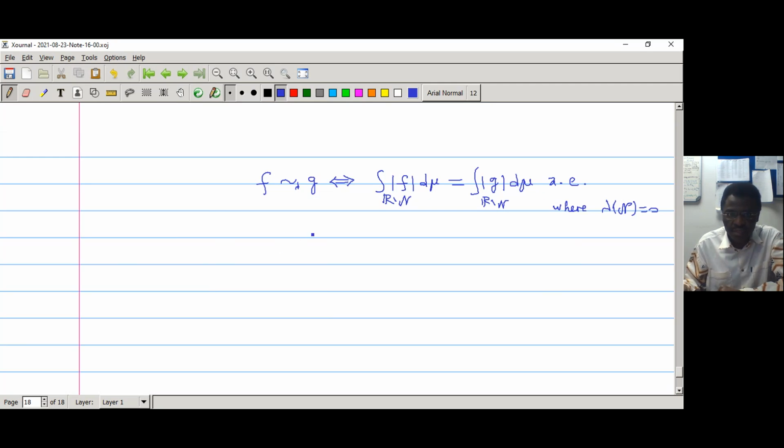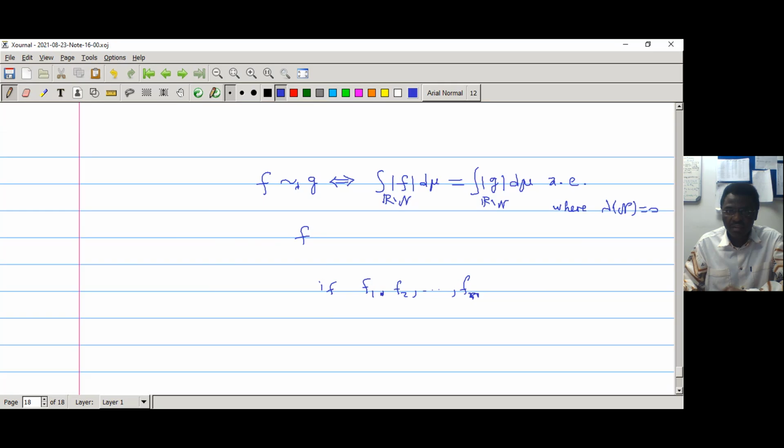Now, I don't need to use all these different f for which the integrals are equal. Among them, I just select one. That is, if I take f1, f2, maybe up to fn, and they are all in relation, right? They're equivalent. Let's say like that. If f1 is equivalent to f2, f1 is equivalent to f3, that is, pairwise equivalent.